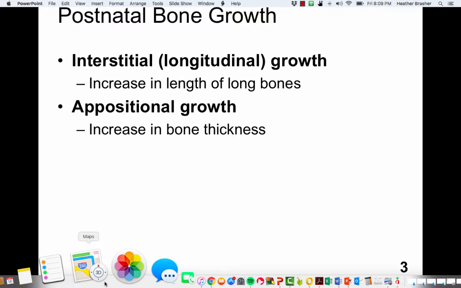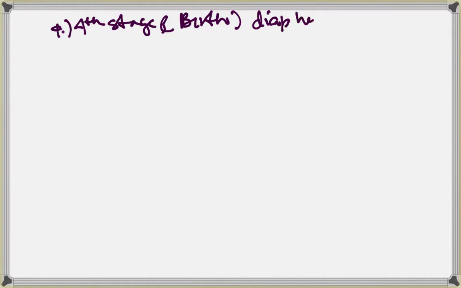Now in the fourth stage, at birth, the diaphysis is going to start elongating.